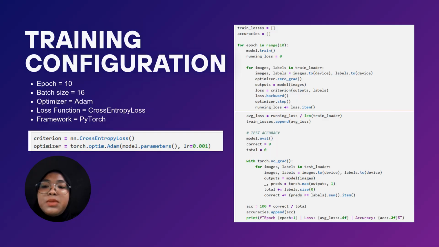The model was implemented using the PyTorch framework, which provides flexibility for building and training deep learning models. Overall, this training configuration ensures that the model is trained effectively while maintaining good generalization performance for face recognition tasks.